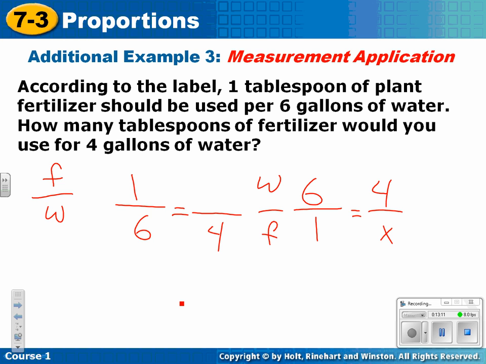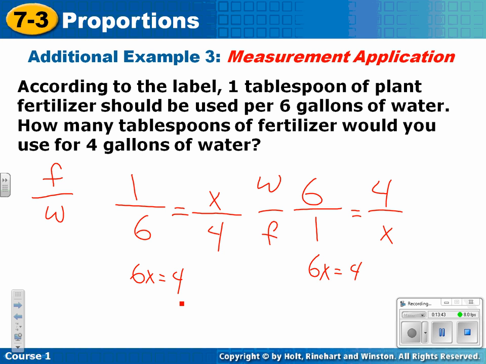Because when I solve this problem, it's still going to end up 6x equals 4, just like here. It is the same, but I got to keep this stuff straight though, okay? As long as I keep my water in one row and my fertilizer in the other row. That makes no difference. What makes a difference though is not switching those around.